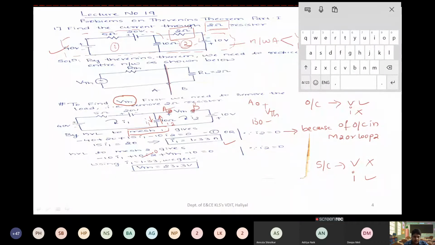And plus VTH and minus 10 equal to 0. So if you use the value of I1 which we got in the earlier step, 1.33, what you get is the VTH value. So at this stage we are able to get I1 as well as VTH.